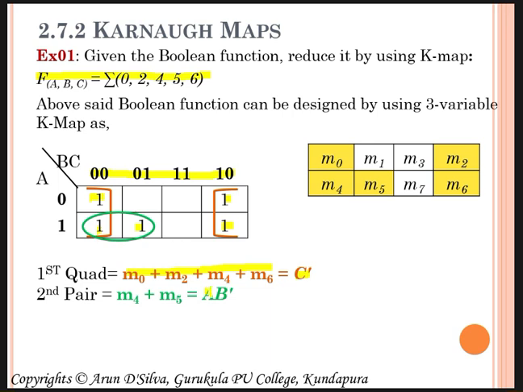A is retained as it is. In the first column and the second column these two min terms lie. In the first column B value is 0, and in the second column B value is 0, so I have taken B with a dash. Now the third variable, C: C value is 0 in the first column, and in the second column C value is 1.